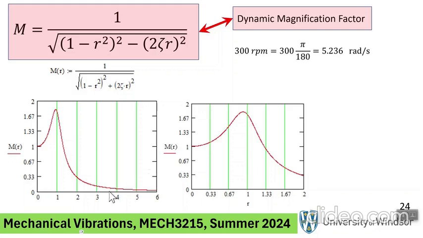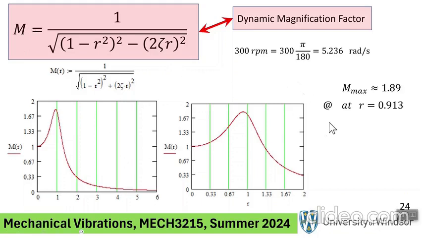So you can see that F naught over K, the static deflection, is actually magnified by almost 1.7 times. So it is not just taking that force and dividing it by K to find out how much the mass moves. It's multiplied by 1.7 coming from the magnification factor, or 1.8.